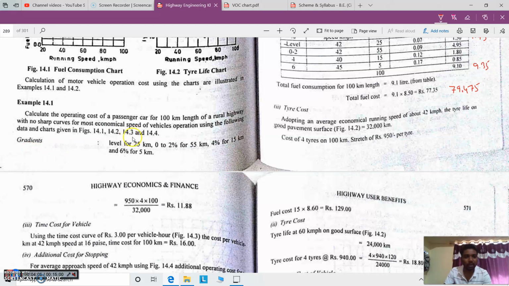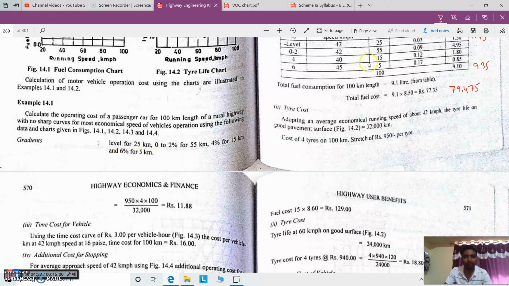Here, in the route of 100 kilometers, we face different gradients. In the total 100 kilometers of length, it is level for 25 kilometers, 0 to 2% gradient for 55 kilometers, and 4% for 15 kilometers. Similarly, 6% for the remaining 5 kilometers.